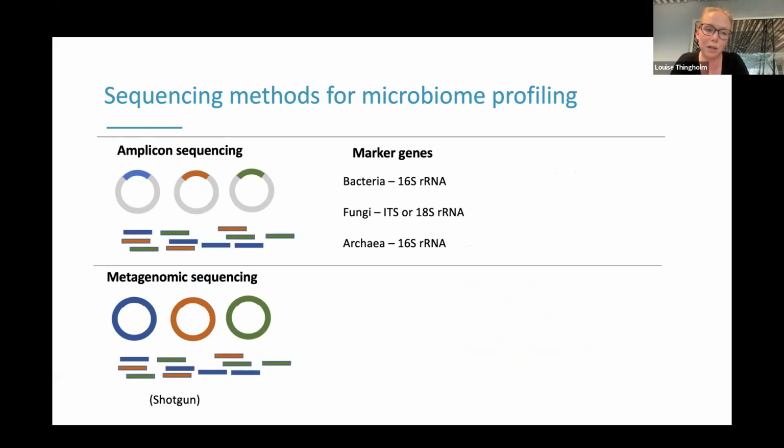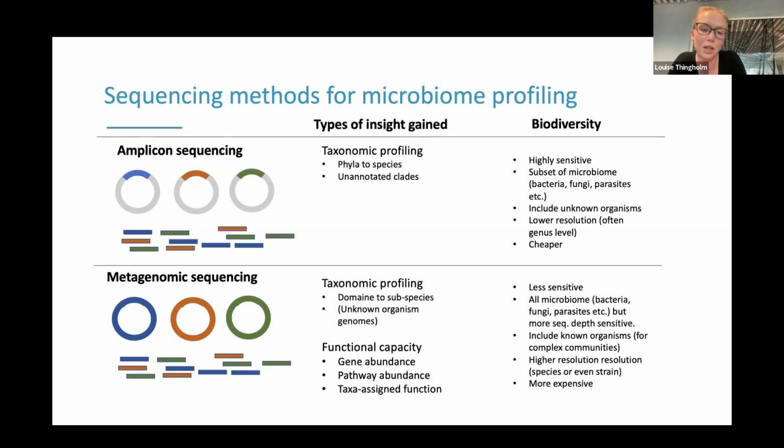So you see, if you have the amplicon sequencing, then you select the marker, you get information on either the bacterial community, the fungal community, the archaea, or another group of microorganisms. And then you get the taxonomic profiles of these, and you often go down to genera level. With shotgun sequencing, you can get more detailed information.